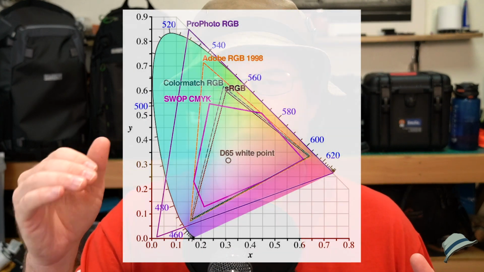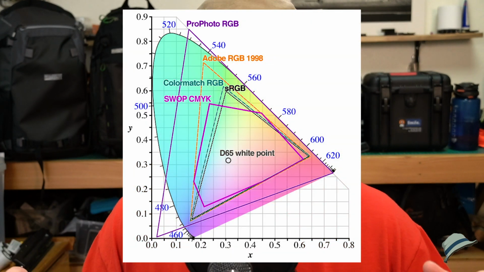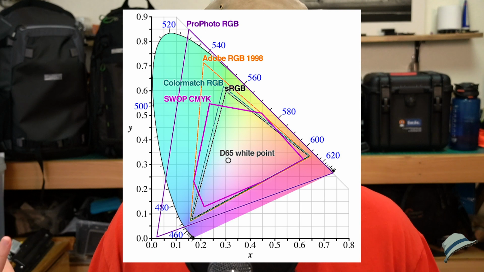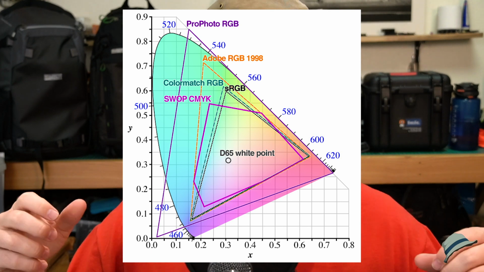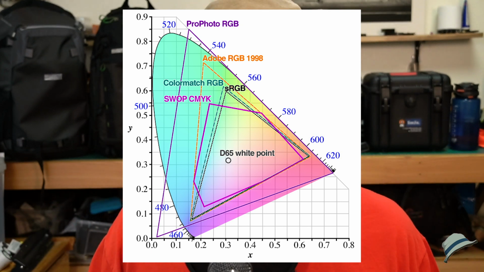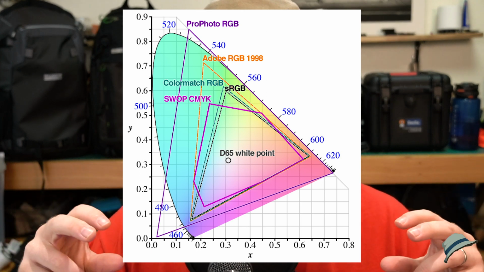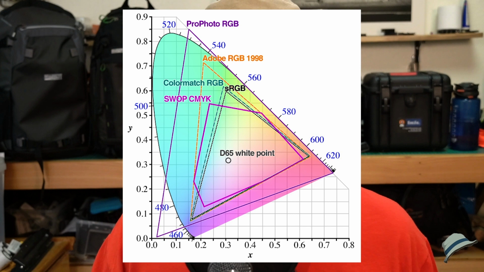I want to use this as a representation so we can understand ProPhoto is the largest. It defines colors that you can't even see, so that you can include a whole boatload of other colors that we can see, but then we keep going in. And you can see the smallest of the standard ones that we use is sRGB.